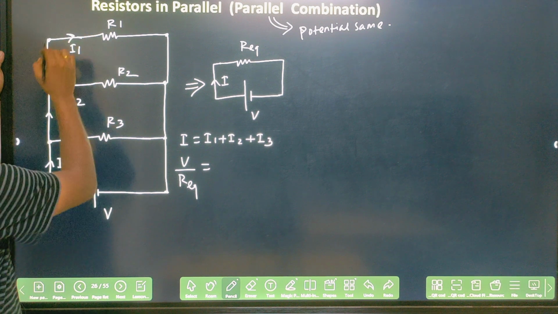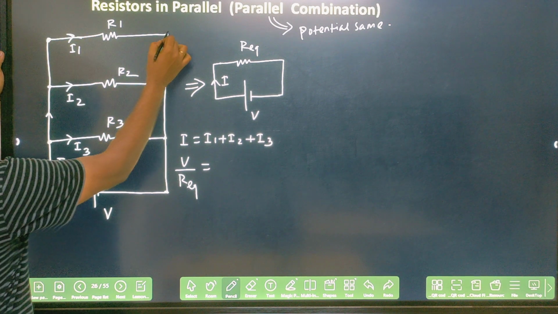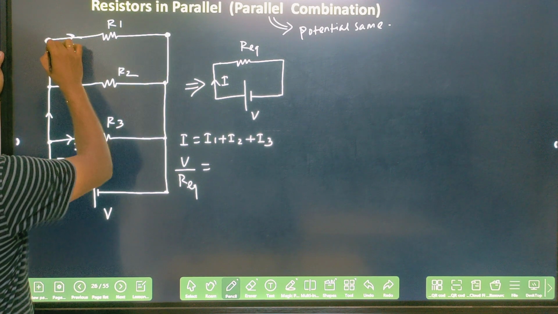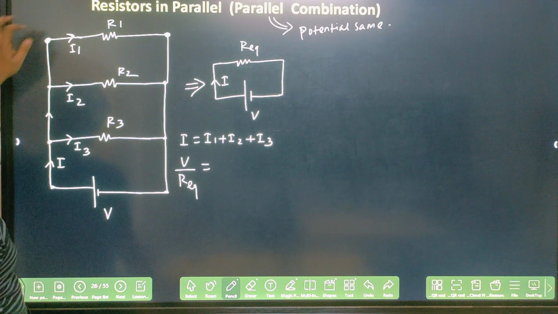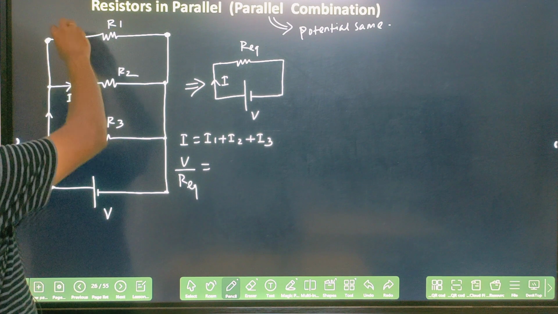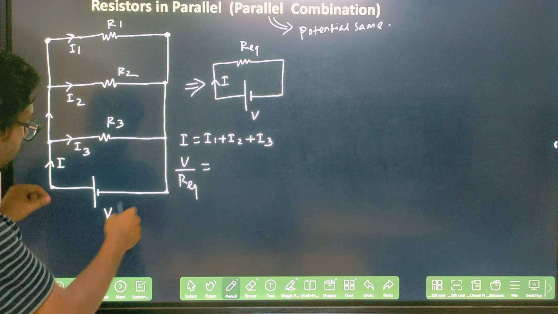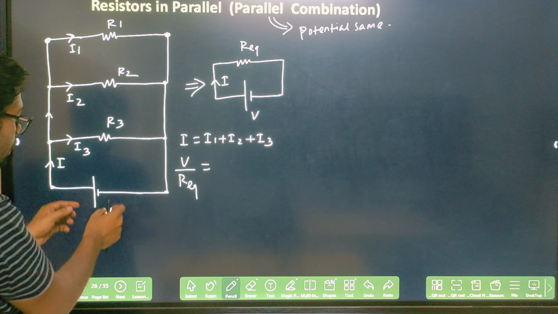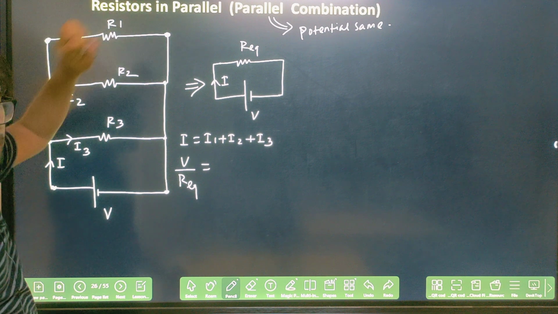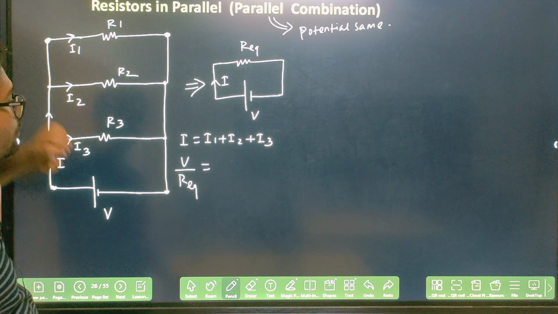I1 current can be found if I know the potential drop between these 2 points. If it is connected in parallel, whatever potential drop is between these 2 points, the same potential drop will be here. So V potential drop will be here.